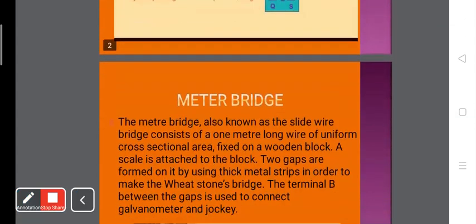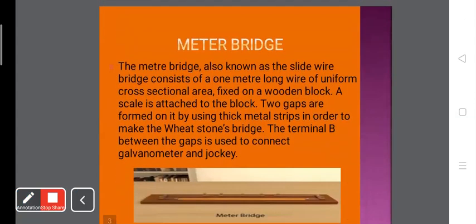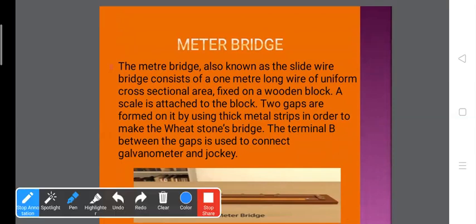Now start a new topic, meter bridge. We have discussed the Wheatstone bridge. The meter bridge is an application of the Wheatstone bridge. It is also called a slide wire. Clear? The meter bridge is a sensitive device used for determination of the unknown resistance of a conductor.